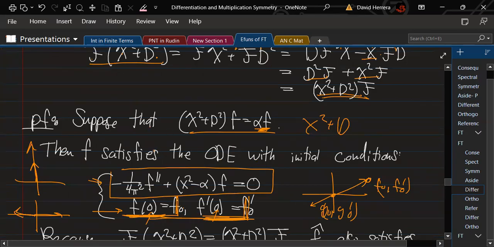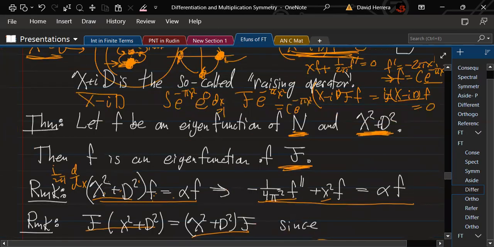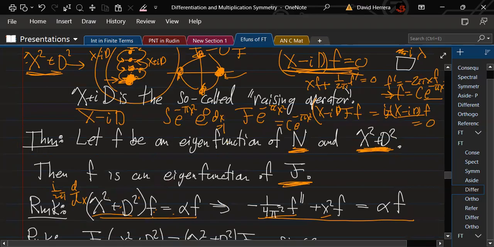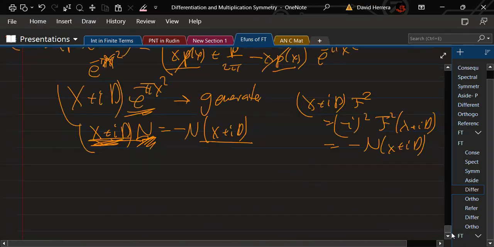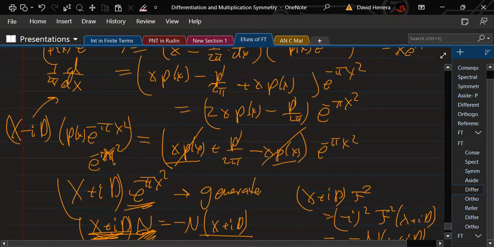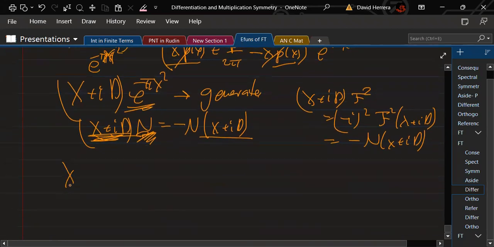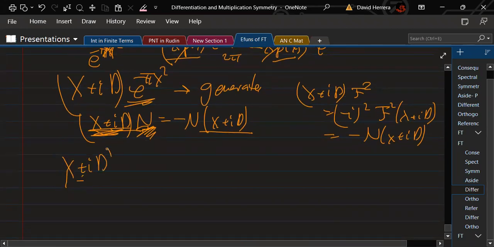which is that you need the function to be an eigenfunction of x squared, d squared, and of n. And it turns out that if you go through this whole method, that is what you'll get. So basically, we showed that x plus id applied to the Gaussian gives eigenfunctions. And we found out what the eigenvalues were.